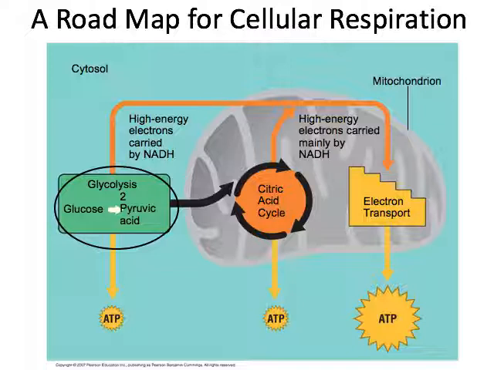For the purposes of this lecture, we're going to be tracking the path of a single glucose molecule as it gets transformed during the course of one round of cellular respiration. And remember, this is aerobic respiration because we're talking about oxygen being present.